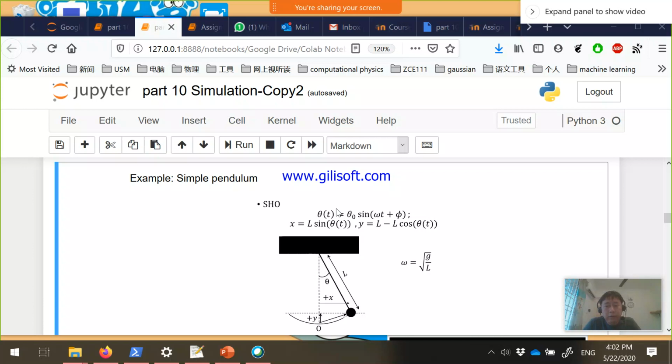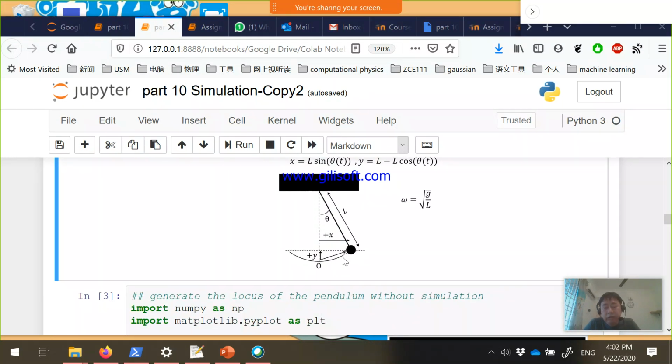Okay, so once you understand how the angle changes with time, then what you want is actually to simulate the pendulum. The position of the pendulum is described in terms of the xy plane, so you want to simulate on the xy plane. Where is the coordinate x? Where is the coordinate y? But this theta is not coordinate x or coordinate y. You have to translate the polar coordinate into the Cartesian coordinate.